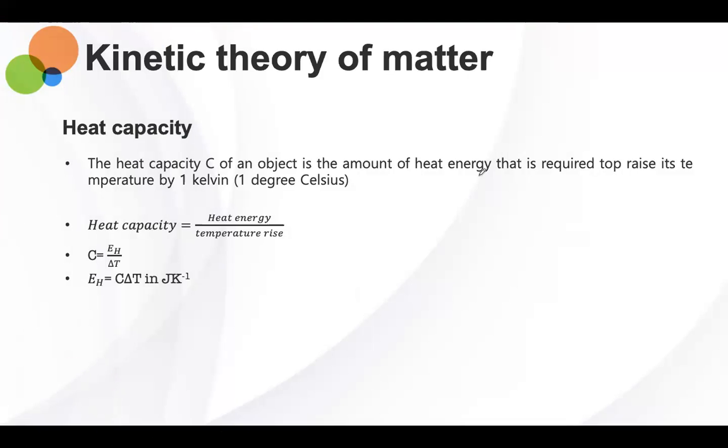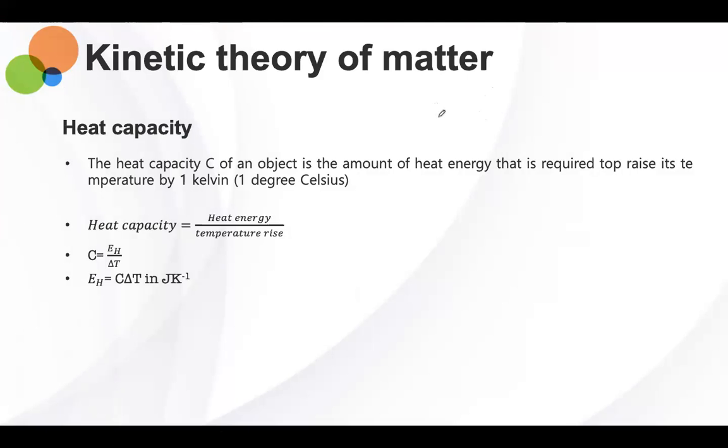If you're having misconceptions about Kelvin, 1 Kelvin is the same magnitude as 1 degree Celsius. Now, you'll find that most of the calculations that you do in thermal physics are done in Kelvin.